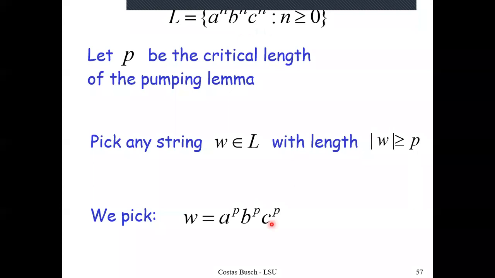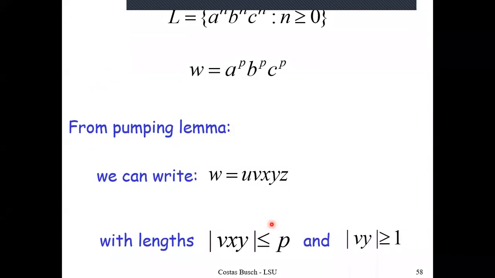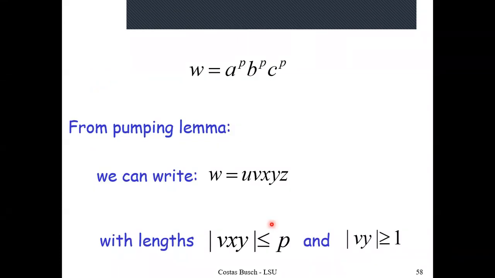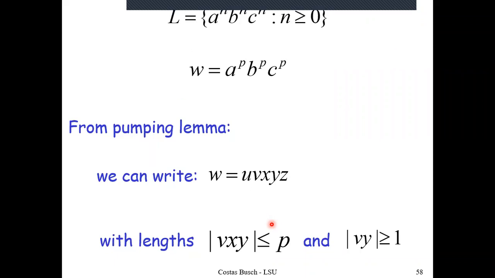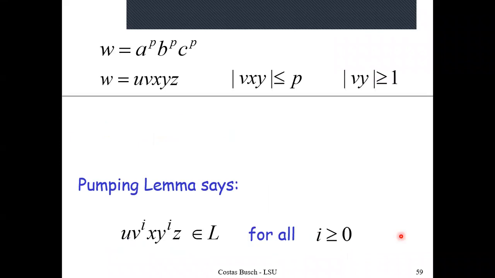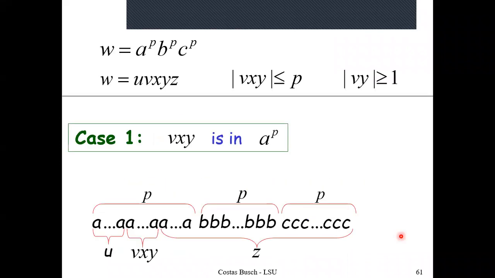Now, I have supposed that the language is context free, so I am able to decompose my string into 5 substrings U, V, X, Y, and Z, with the condition that the length of Vxy is at most P and the length of Vy is greater than or equal to 1. So there would be multiple possibilities.